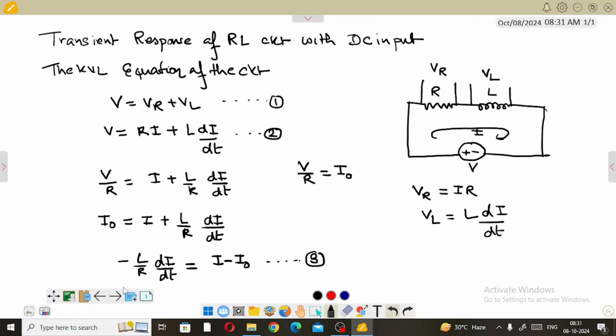So as I got this equation, we'll go to the next page, and I will try to solve that equation. So I can write down this equation in this format: di divided by I minus I0 is equal to minus R by L into dt.